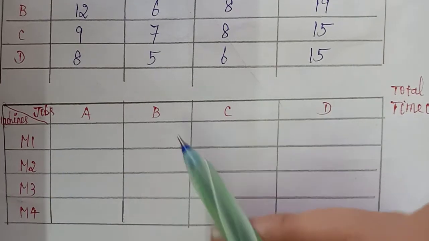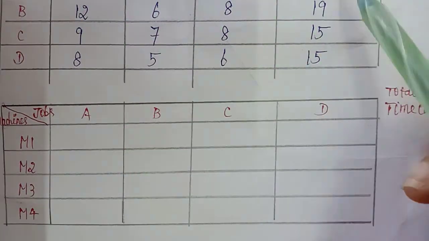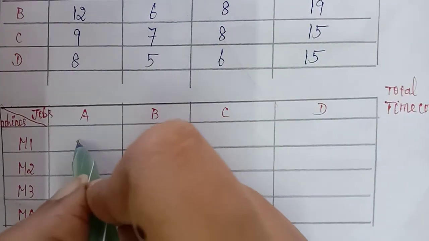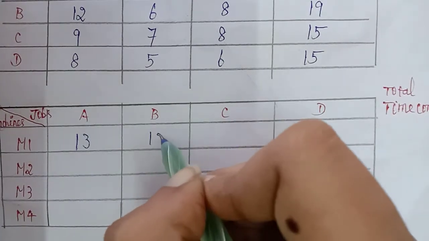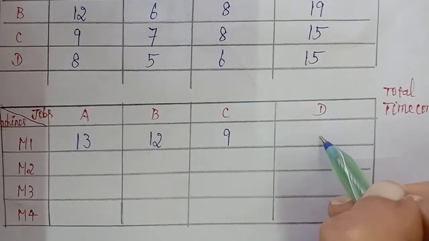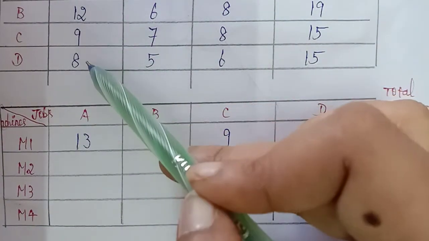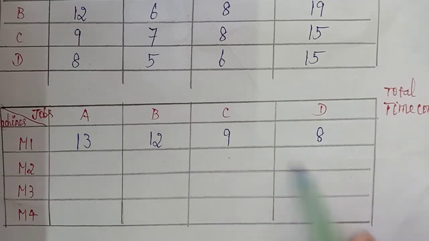So you have to rewrite the problem, that is you have to write the first column as first row. First column values are 13, 12, 9, 8. I am writing it as 13, 12, 9, 8 in the row.